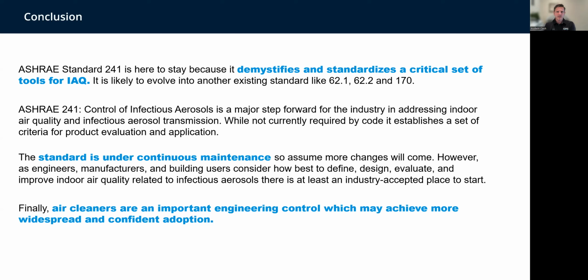So there's a set of customers where a focus on this removal value and the amount of clean air required makes sense, and they ask their engineers and their designers, what does ASHRAE recommend? And now you know where to go. It's in standard 241. And I'll pause there.